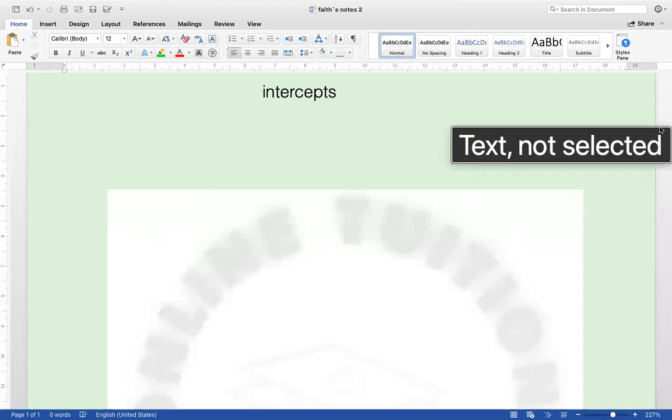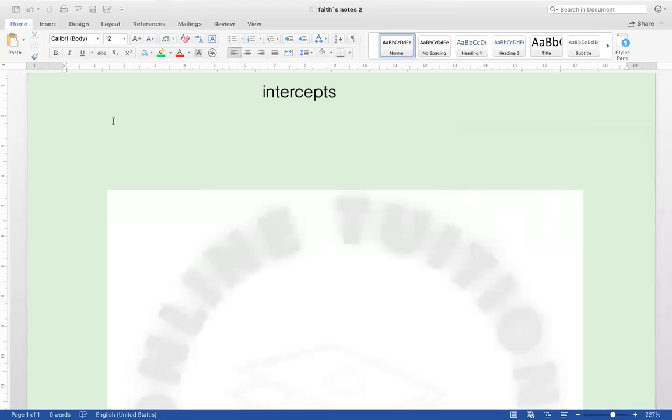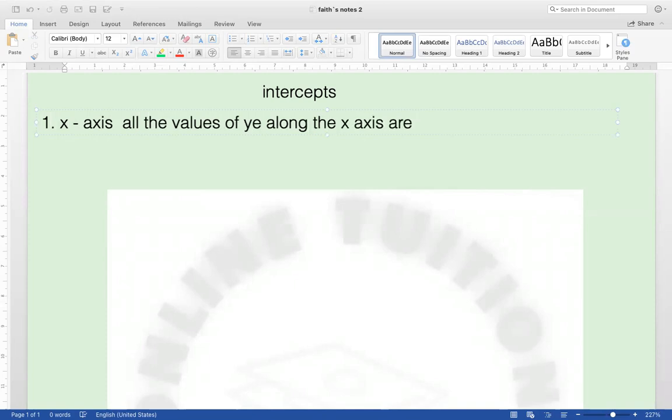So, what are the two remarks that I gave you before the last session was done? The first one was talking about the x-axis, where I said that all the values of y along the x-axis are equal to 0.